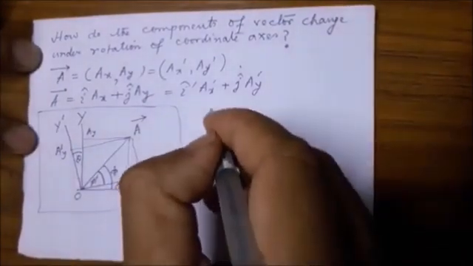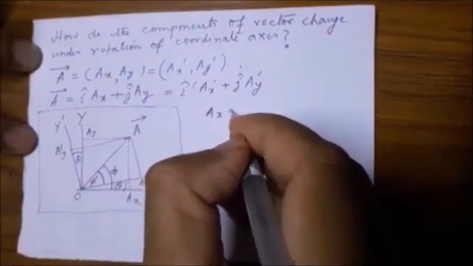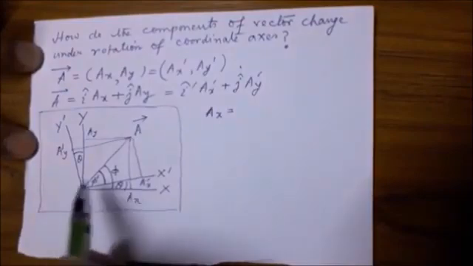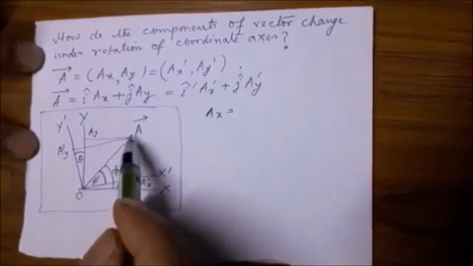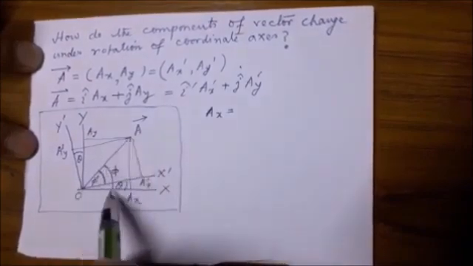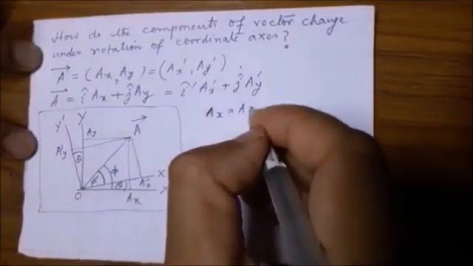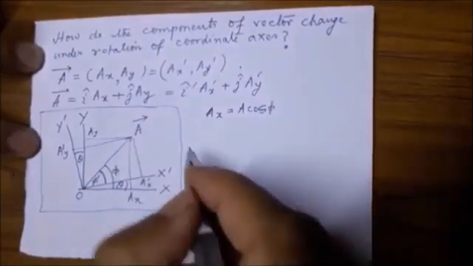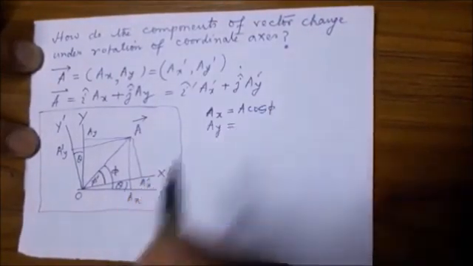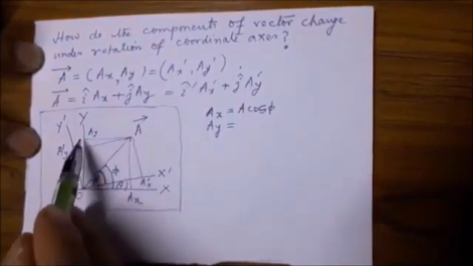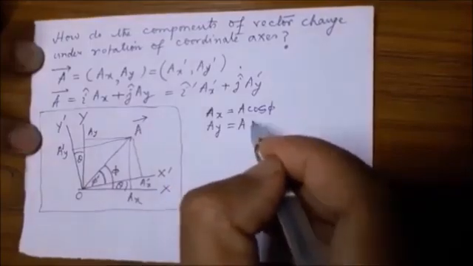Now, what is AX? AX is this distance, and AX is in fact the projection of this vector A, and therefore we can write it as A cos phi. And what is AY? AY is the projection of A on y-axis, so it will be A sin phi.